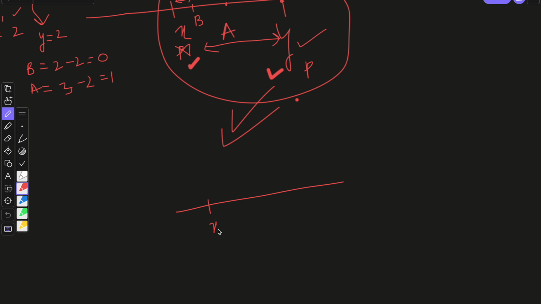And let's see the other case using an example. So let's say Alice's position lies at y. Okay, so let's take it 3 and let's take it 5. So this is also Alice's position. Now, no matter what position Bob takes, like for example he takes a position at 3, this is Bob's position.